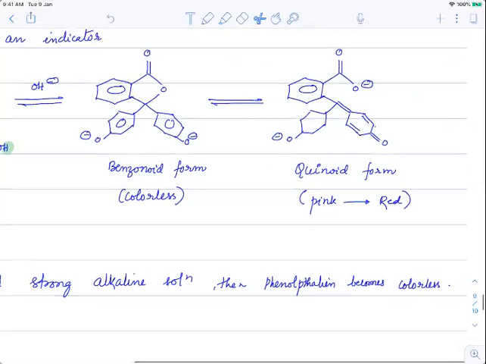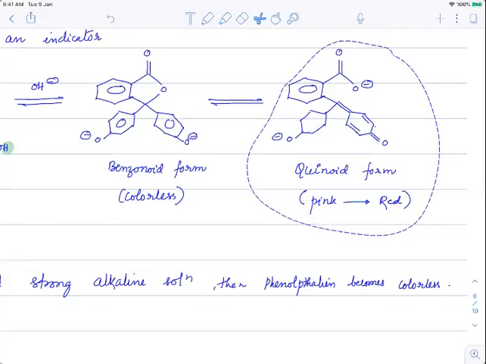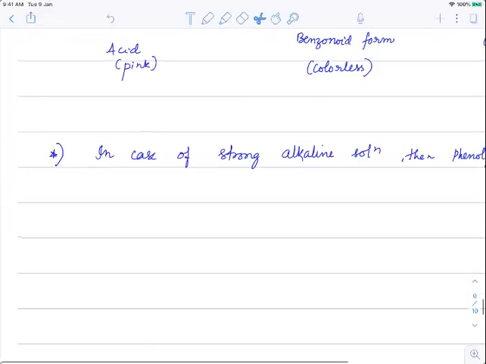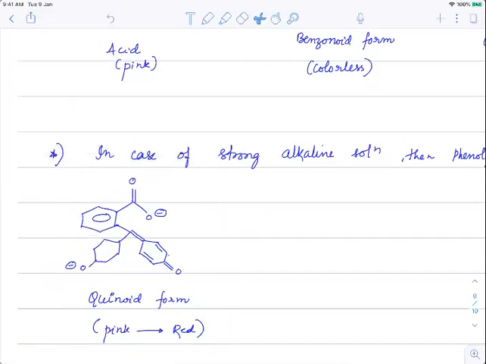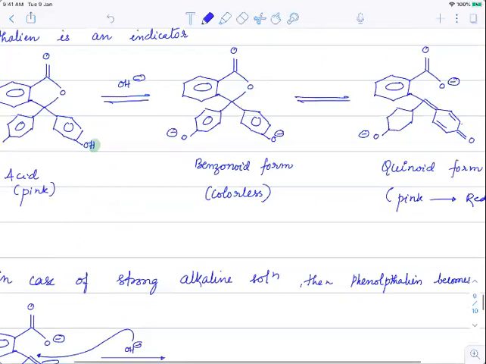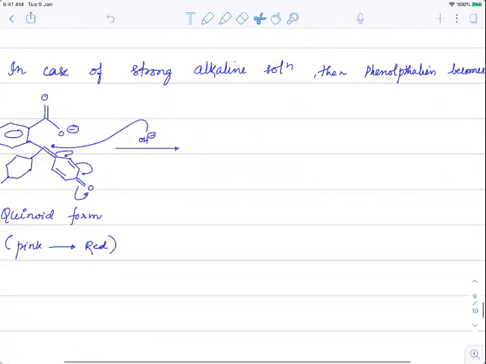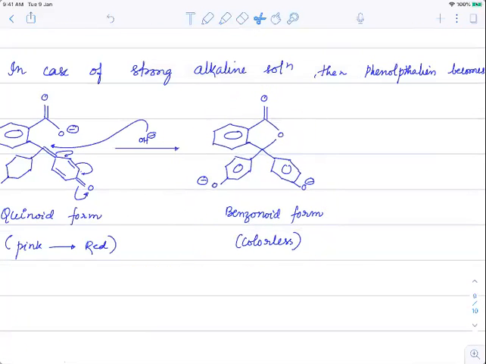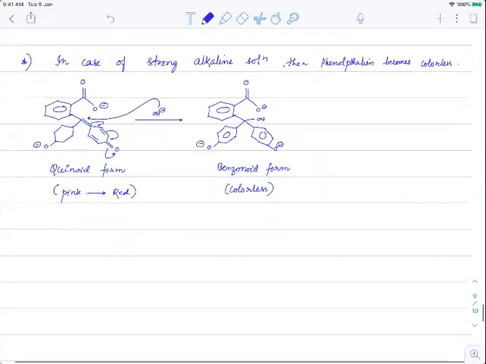See, ये जैसा एक क्विनॉइड फॉर्म में लेता हूँ, क्योंकि हमने देखा कि अगर ये पहले तो बेंजोनॉइड से क्विनॉइड फॉर्म में आ जाता है, बट क्विनॉइड फॉर्म में हम लोग अभी बहुत स्ट्रॉन्ग बेस अगर रखेंगे, इफ यू हैव वेरी स्ट्रॉन्ग बेस OH माइनस, दिस OH माइनस विल बी कंबाइंड हियर, फिर ये एरोमेटिसिटी रिटेन हो जाएगा इसका, राइट? सो अगेन इट विल गेट बैक टू द बेंजोनॉइड फॉर्म हियर, अगेन इट विल कम टू बेंजोनॉइड फॉर्म, एक्सेप्ट दैट यहाँ पर अभी बॉन्ड कैसा है, इधर O माइनस वैसे ही है और इसके ऊपर OH आ गया, बट ये भी बेंजोनॉइड फॉर्म है, सारे बेंजीन ग्रुप्स ही है.